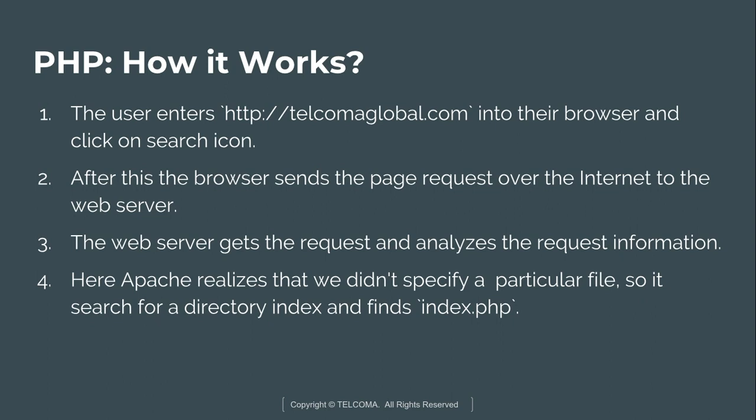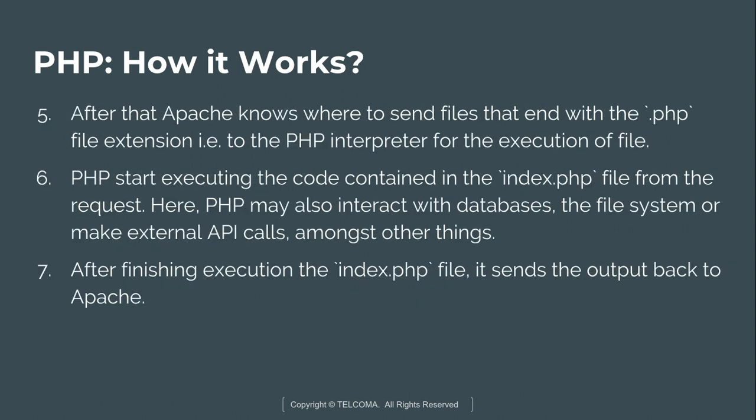From the extension .php, it realizes that this is a PHP file. In the next step, Apache knows where to send a file that ends with the .php file extension: it has to be sent to the PHP interpreter.